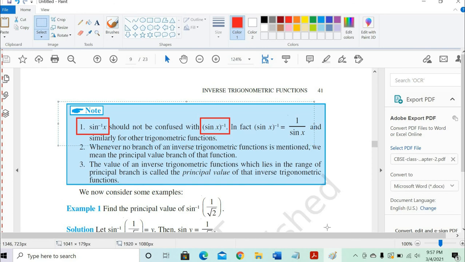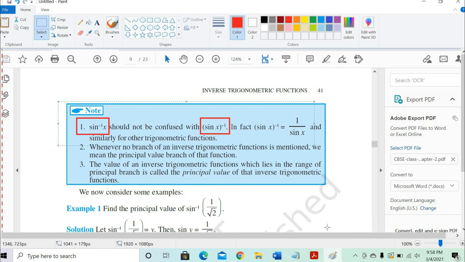Sine inverse means the inverse is on the function. And sine x whole inverse means the reciprocal. But here, sine inverse of the angle, the inverse is only on the sine part, just like f inverse of x.